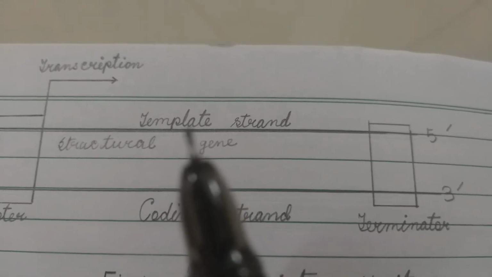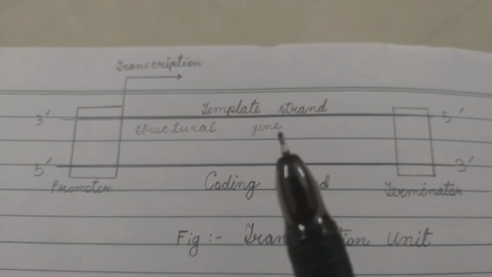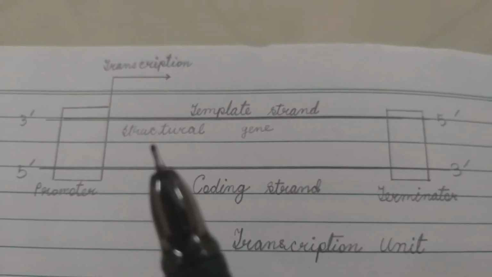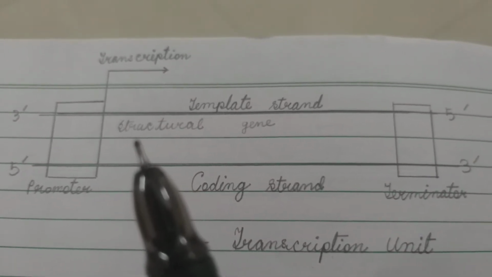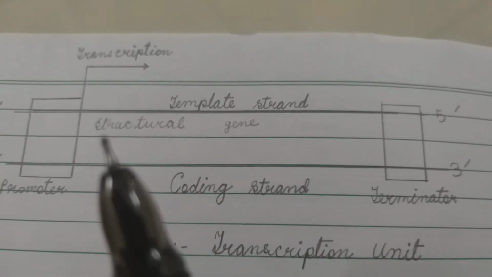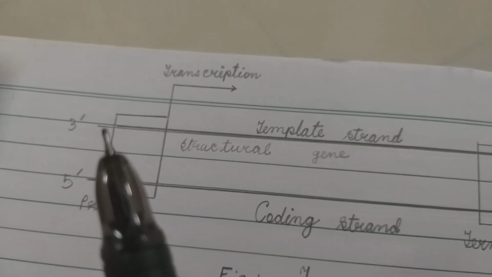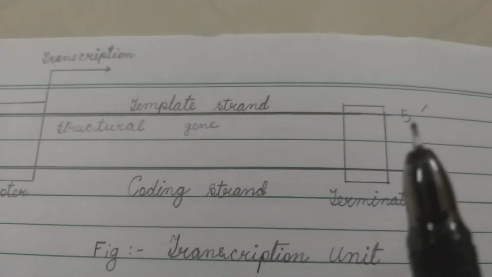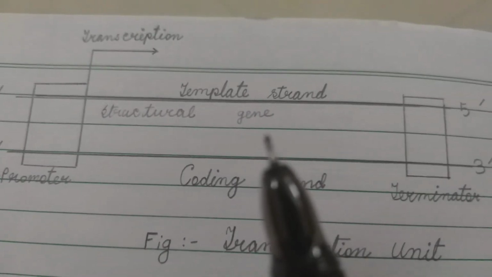They must be antiparallel. Since the messenger RNA strand is synthesized in the 5' to 3' direction, the template must be 3' to 5', opposite polarity.